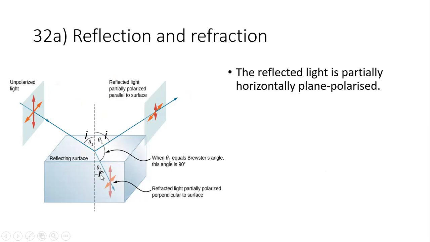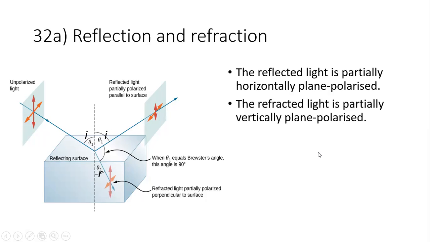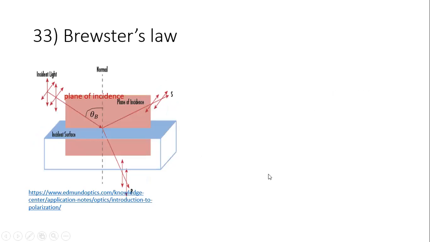And then this is your angle r, angle of refraction. This is also partially polarized. Only this component passes through. The reflected light is this one. The reflected light is plane polarized, vertically plane polarized, partially only. Not complete yet.